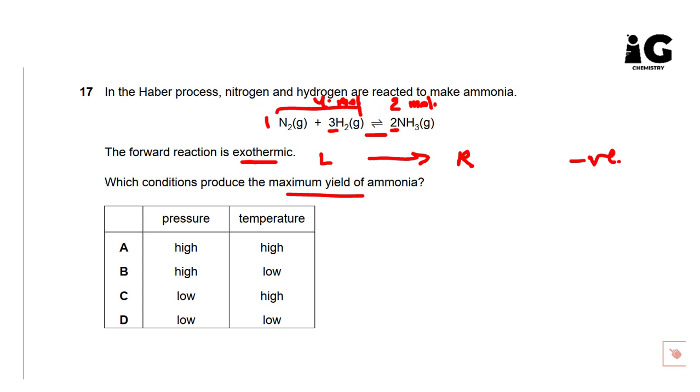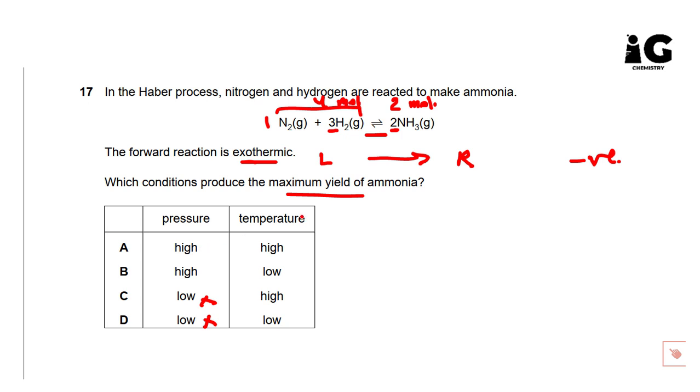Of course, we need high pressure. High pressure will favor the right-hand side of the equation. So we need to check high pressure. So this row is wrong, this row is wrong, because high pressure will press 4 moles to be 2 moles. So this is okay. High pressure is the first choice.